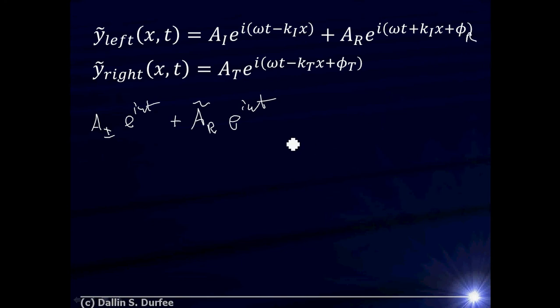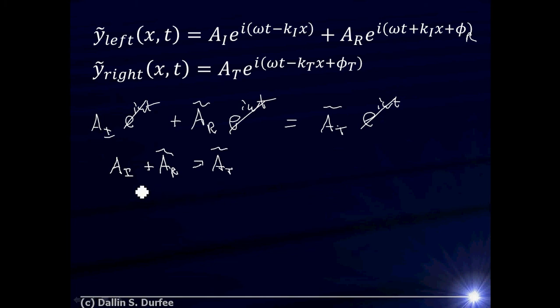All right, that's a tilde sub r. On the other side, I've got a_t e^(i omega t). This part goes to 0, and again, I'm going to take e^(i phi_t) and combine it with this constant right here and call it my complex amplitude, a tilde sub t. All right? These cancel out, and I'm left with a_i plus a_r tilde is equal to a transmitted tilde.